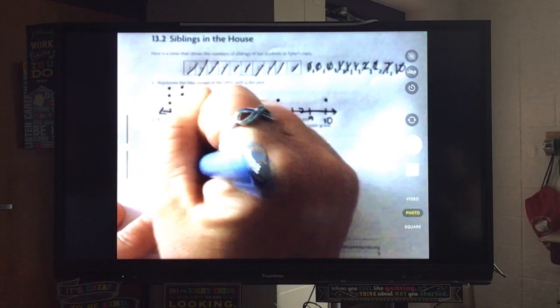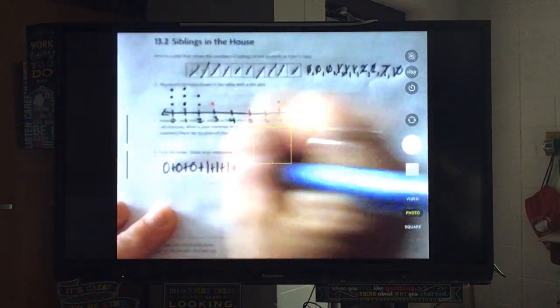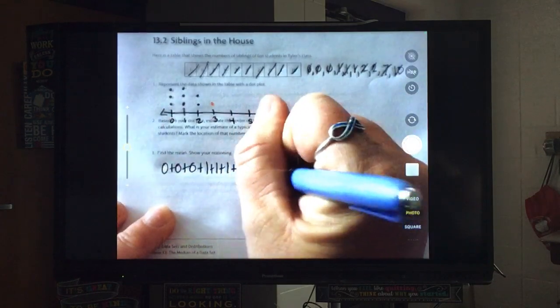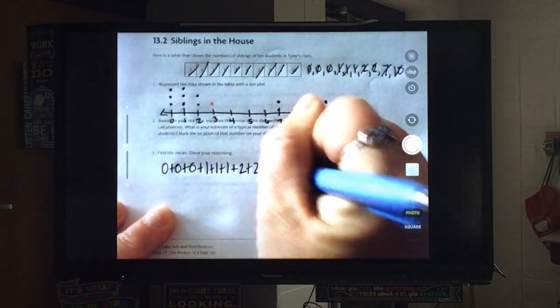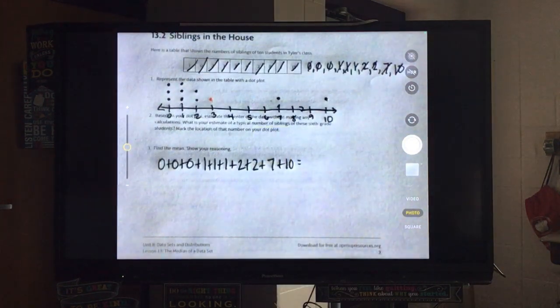So I'm going to add 3 zeros plus 3 1s plus 2 2s plus 7 plus 10. All right, go ahead, add those numbers, stand up when you have your answer, please. We're not doing anything but adding right now, okay?